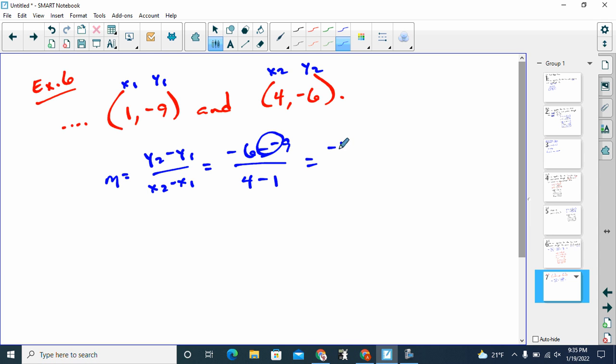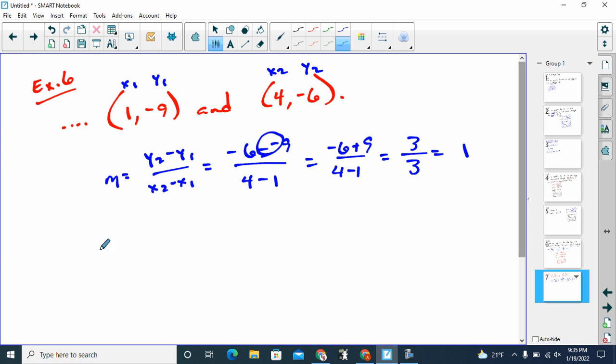Minus here, I'm going to rewrite that as a plus. -6 plus 9 is 3. 4 minus 1 is 3. 3 divided by 3 is 1. Our slope is 1.